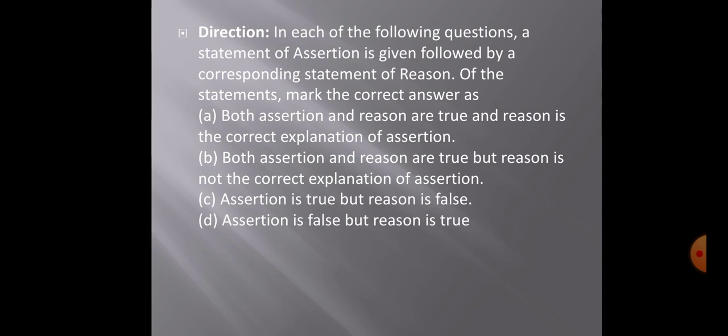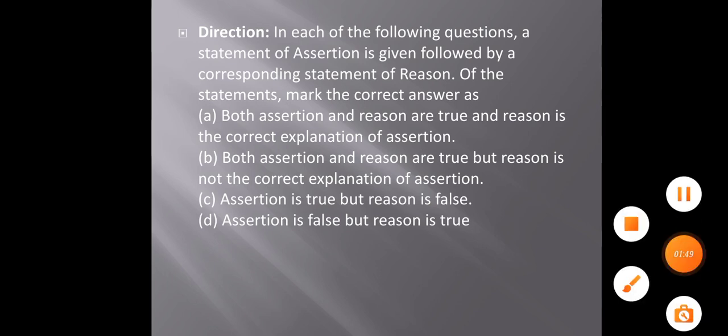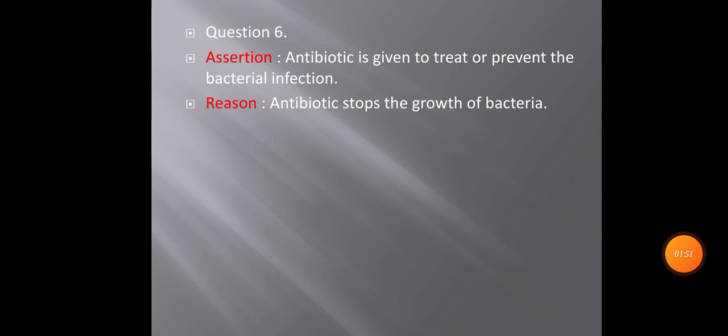Okay, so in the last class we did 5 questions. Now I am going to continue with the next question. So children, here is the 6th question which is displayed on the screen. The assertion is: antibiotic is given to treat or prevent bacterial infection.